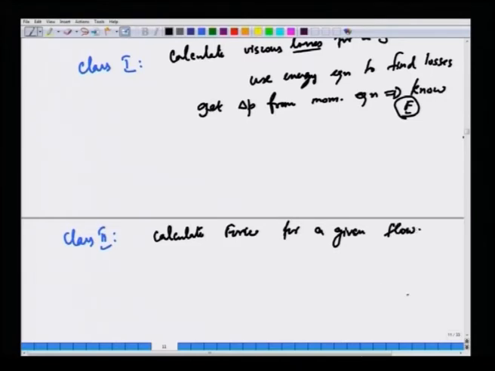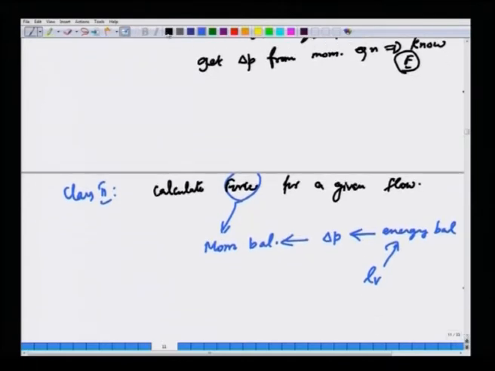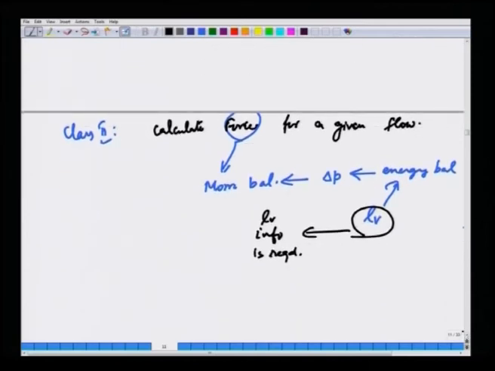Okay. If you want to do that, the force must be calculated from the momentum balance. Now, in order to do that you need delta P. Okay. In order to get delta P you have to go to the energy balance. So, for that you need to know the viscous losses. So, you need to have some idea of this information in order to compute force in class 2 problems, the second class of problems.